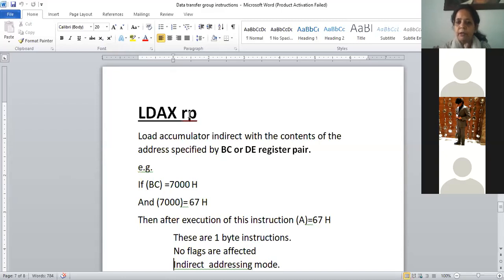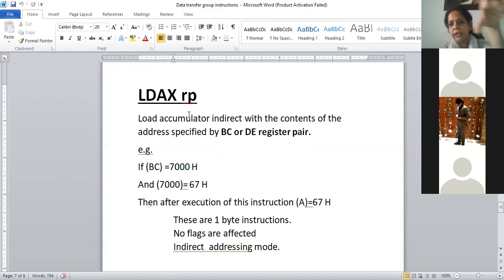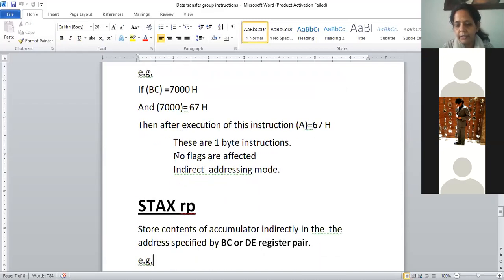That 16-bit number acts as an address, and the contents of that address will be transferred to the accumulator. Indirectly, it is taking the contents of the address, but that address is in the BC or DE register pair, depending upon whether you write LDAX B or LDAX D.